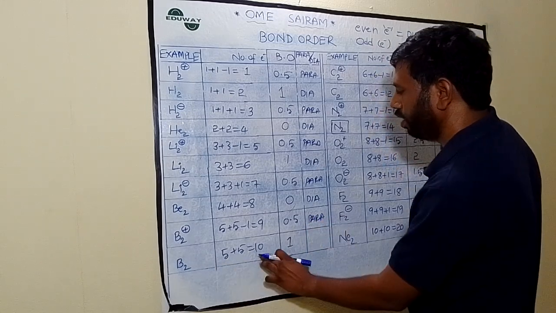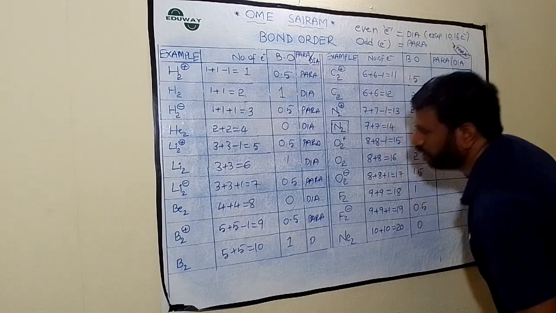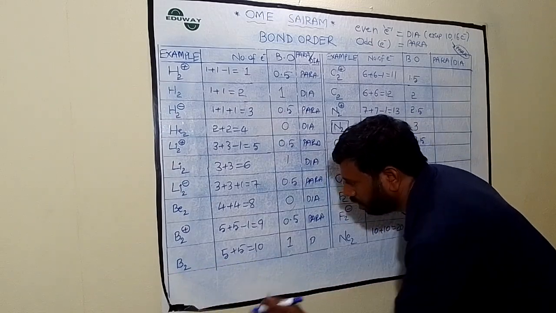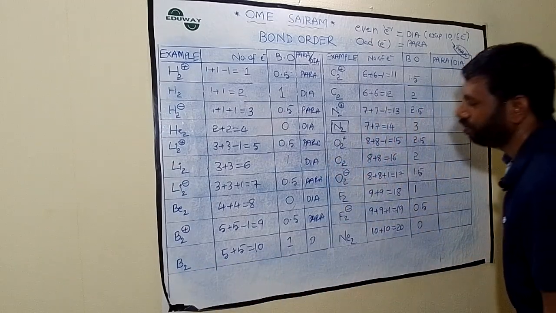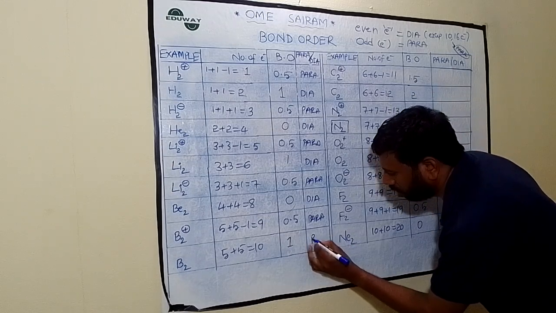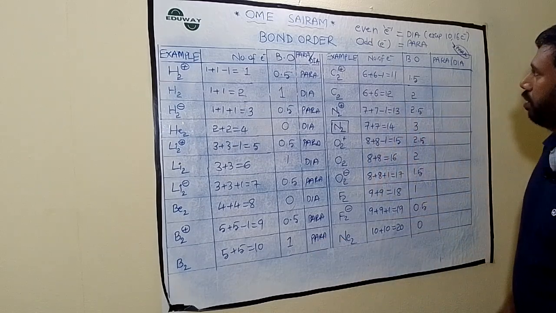B2 contains 10 electrons, that is even number. Even though boron B2 contains 10 electrons, it does not show diamagnetic. It shows only paramagnetic because it contains unpaired electrons.